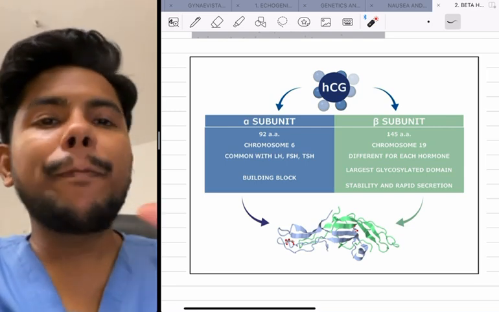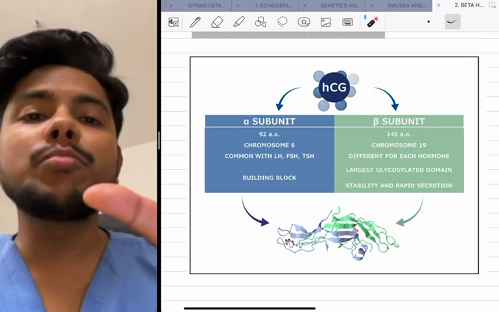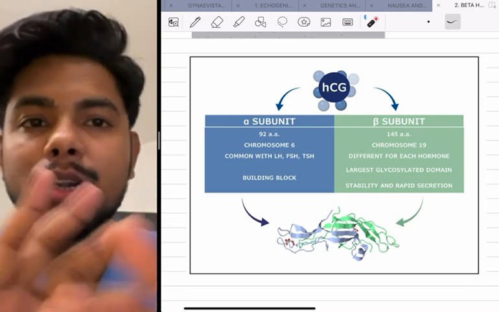Okay, now P stands for petit. Petit is a French word which means small or short. Q doesn't mean anything.